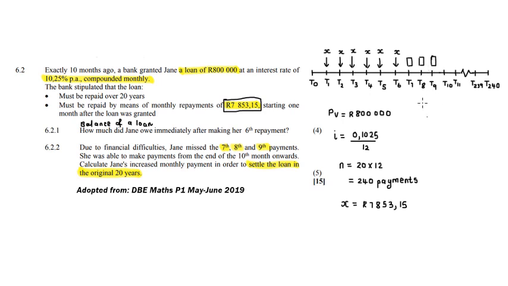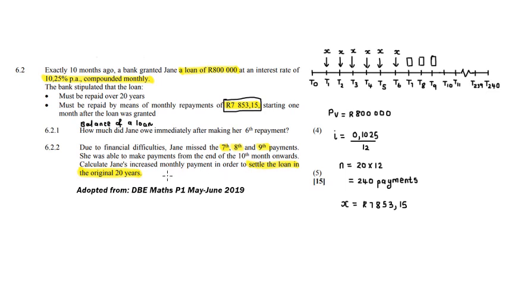So we have these empty boxes over there, because she didn't make this monthly deposit of 7,853 Rand and 15 cents. From the 10th month onwards, they tell us that she does resume her payments.